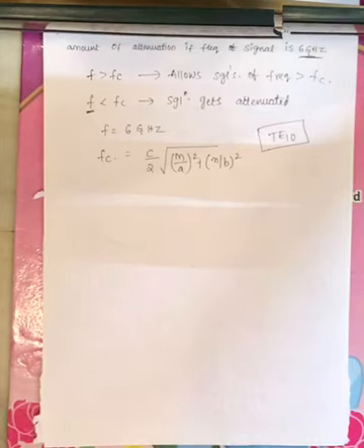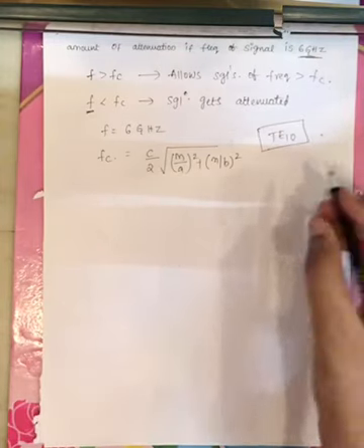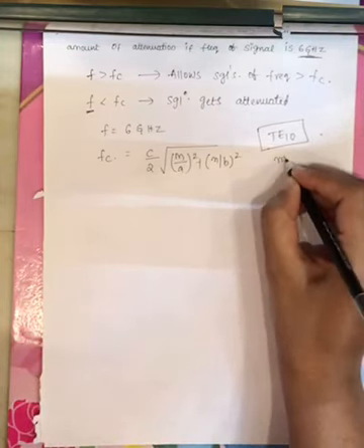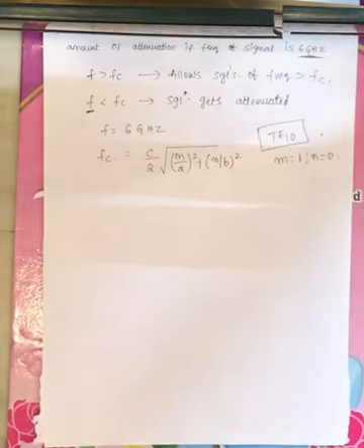Here it is a rectangular waveguide. What is the dominant mode of a rectangular waveguide? TE10 mode.